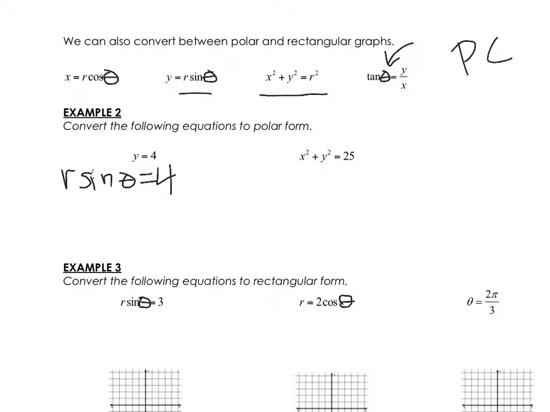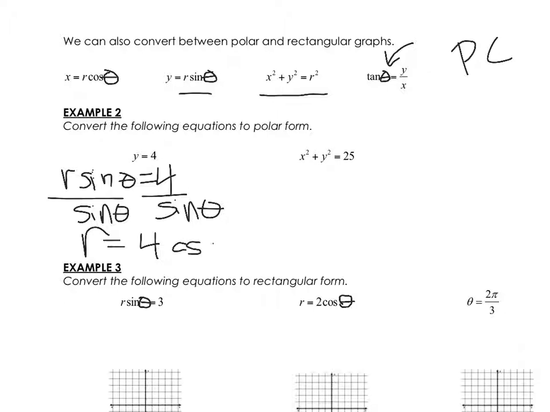And then from there, you want to solve for r, so you would divide both sides by sine theta. You would end up with r equals 4 divided by sine. So you could think of this as 4 times 1 over sine, and 1 over sine is, of course, our friend cosecant. So you could rewrite it like that.